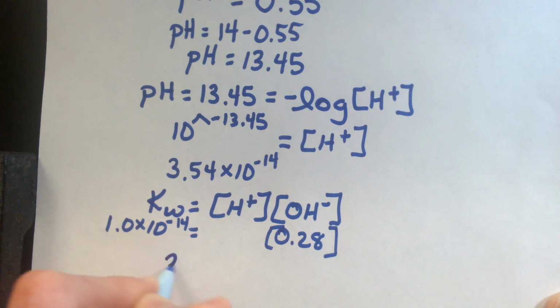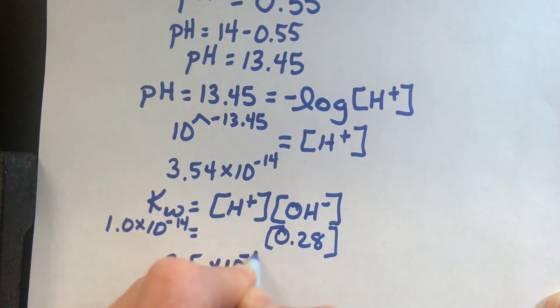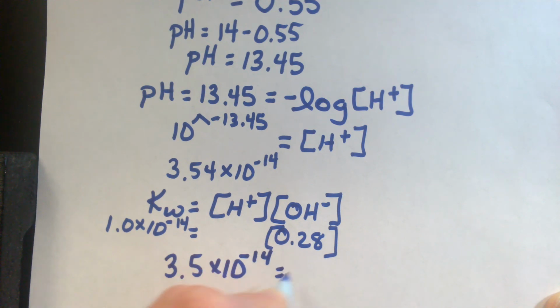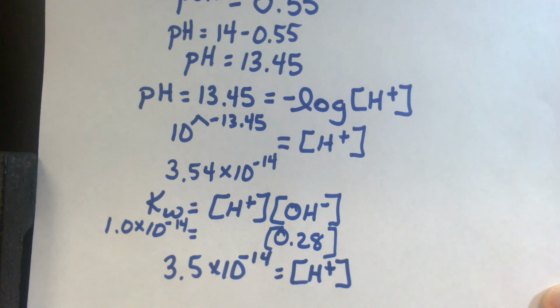Okay, 3.5 times 10 to the negative 14 as well. And that would give us our H plus value.